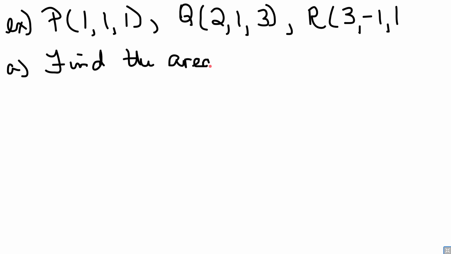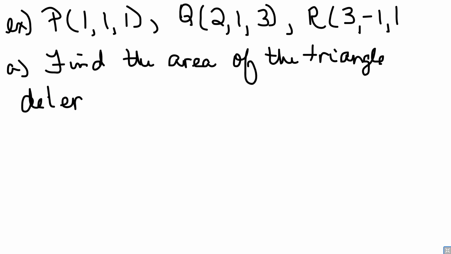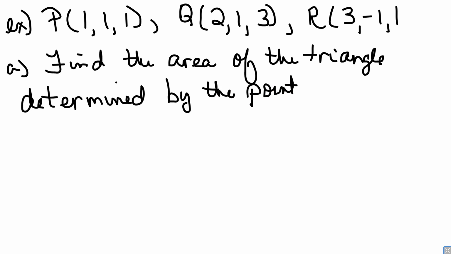So for the first part, what we're going to do is we're going to find the area of the triangle determined by the points. Okay, so we're going to find the area of the triangle determined by the points.